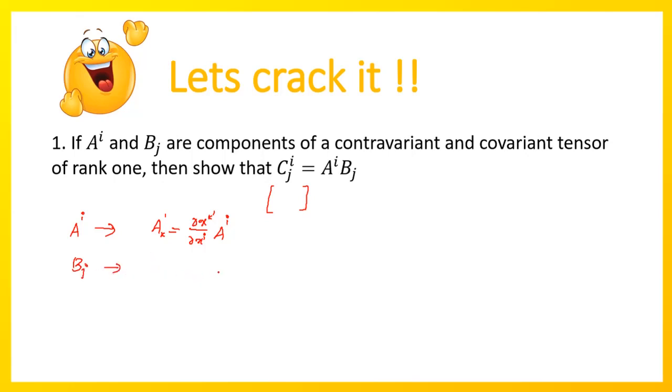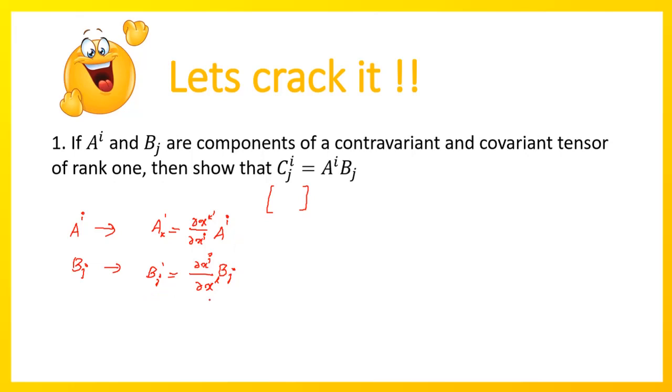Bj is a covariant vector, so Bj will transform according to the equation dou xj with respect to some other coordinate system, say l, is equal to Bl dash.